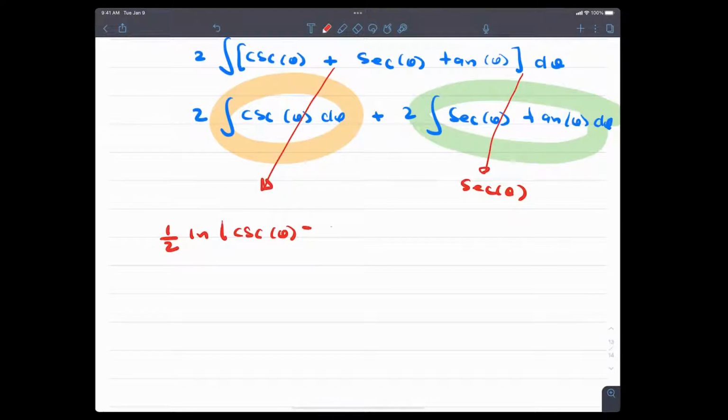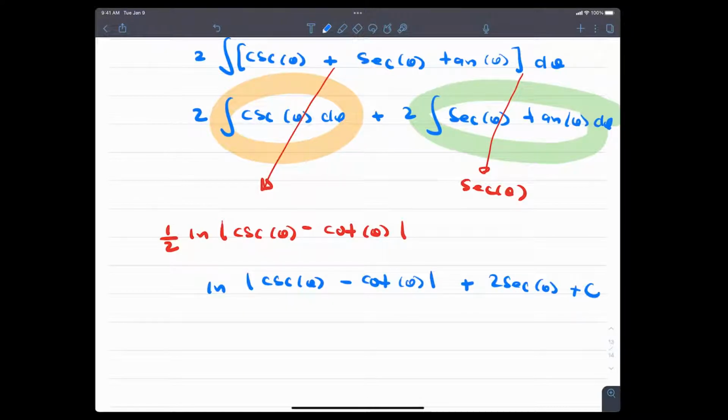You guys remember? When I said some of these integrals pop up, you want to remember those kinds of integrals. So 2 times 1/2 gives you simply natural log absolute value cosecant minus cotangent, plus 2 secant theta, plus that c. So some of those actually pop up.